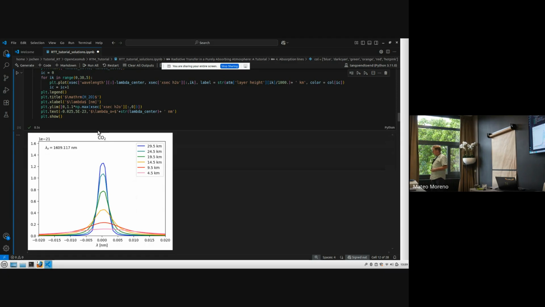And the cross section, you probably have seen it. It's a 2D array. The first dimension is wavelength, I think about 20,000 points, and the second one is altitude. So you select a few altitudes and then you plot one single line and see how that changes with the different altitude levels.